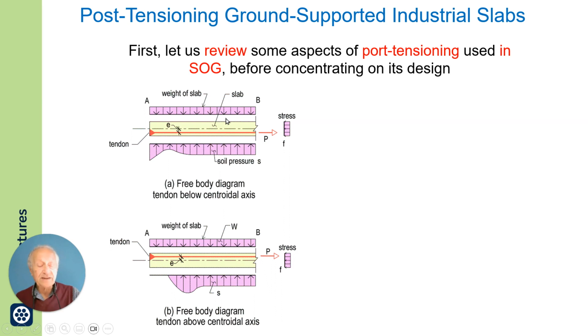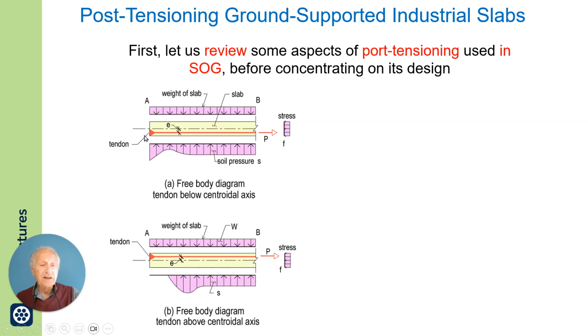In a freestanding member, the tendon has to be at the centroid to give you uniform precompression, but not in the case of a ground-supported slab.